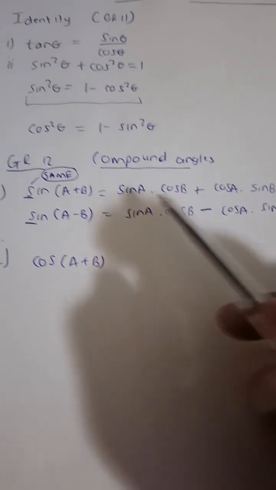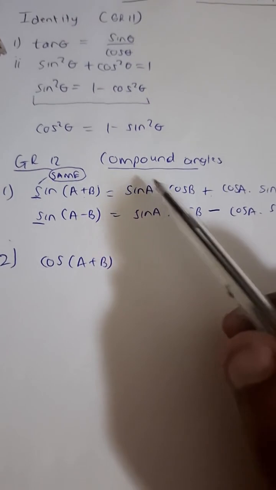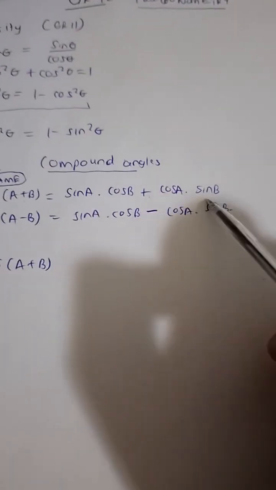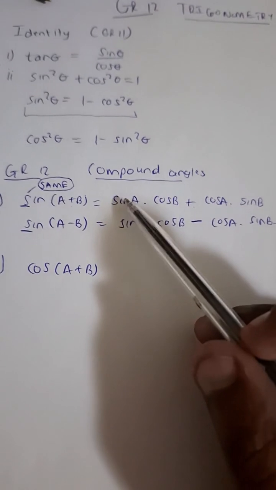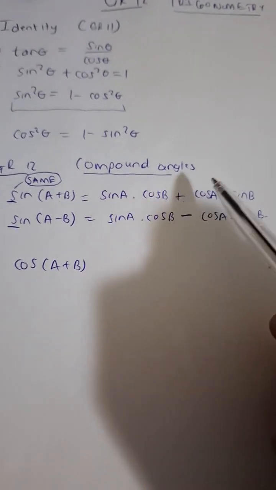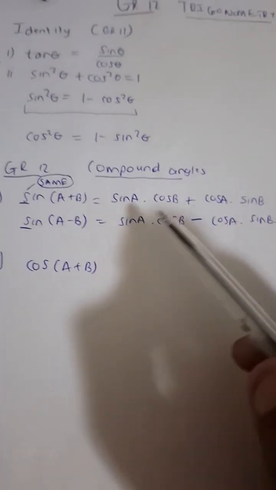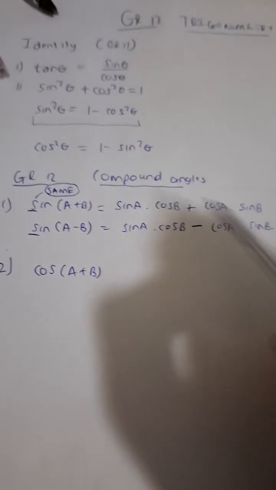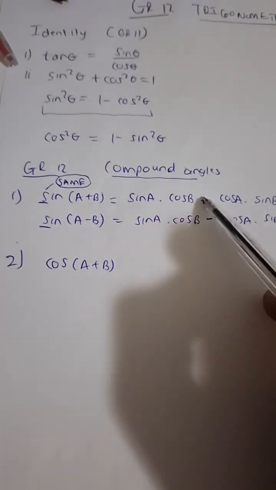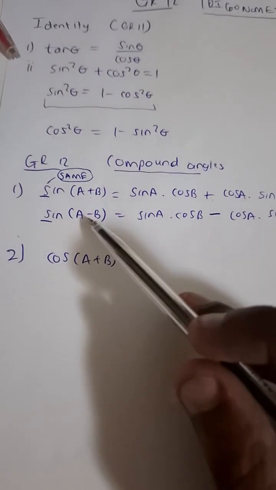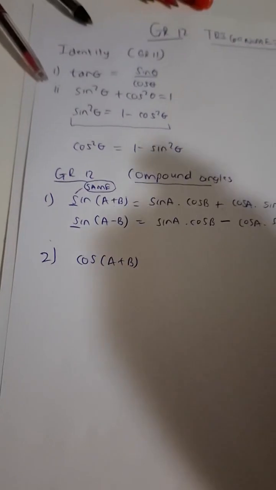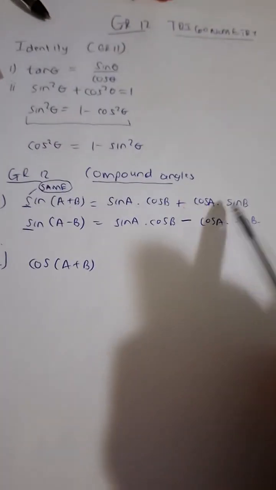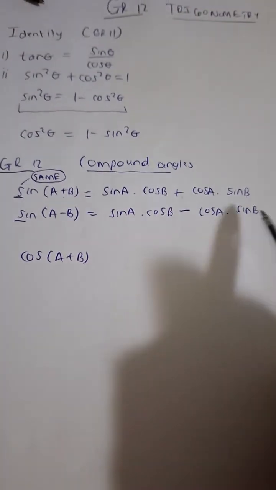Then it's a matter of remembering the A and B follow each other as sine A cos B, cos A sine B, for same signs.